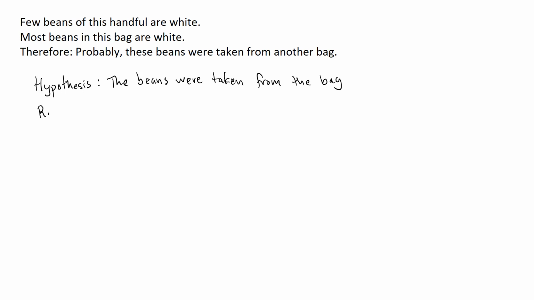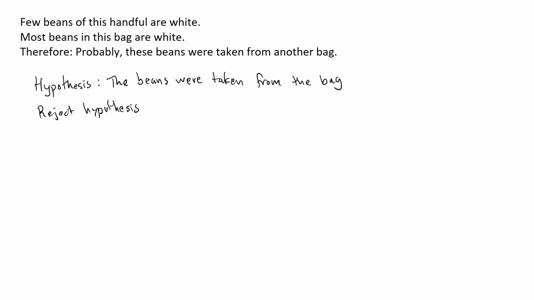We say that we reject the hypothesis. Based on the data, based on the observation, based on fact, we reject the hypothesis. Note that it doesn't mean that we can say that the hypothesis is definitely wrong. All we can say is that it's probably wrong.